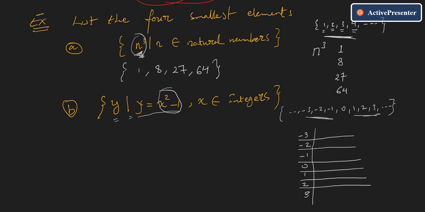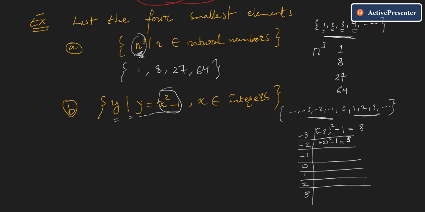So if we take x squared minus 1, it would be minus 3 squared minus 1, which is equal to what? Minus 3 squared is 9, minus 1 should be 8. Minus 2 squared minus 1 equals what? 4 minus 1, it will be 3.